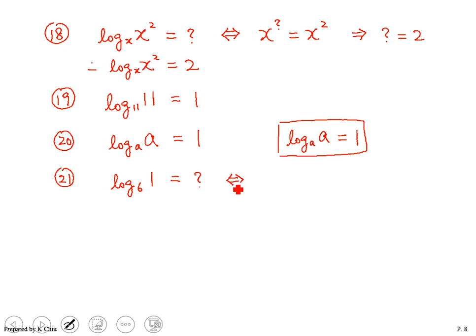I have 6 raised to something which is equal to 1. Can we identify what something is? What would be the question mark? Would that be negative 6? 6 to the what is equal to 1?